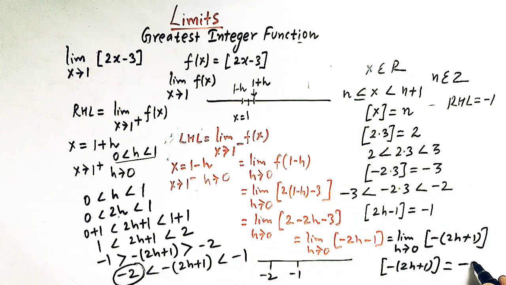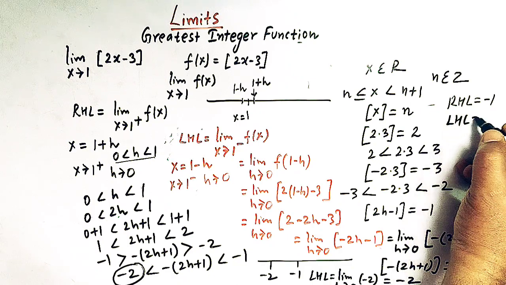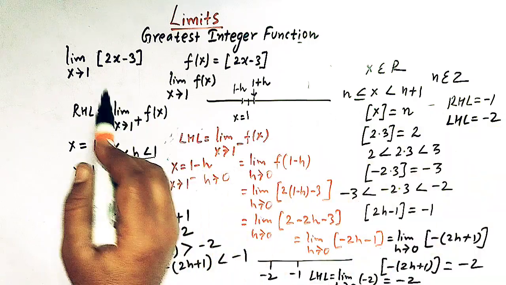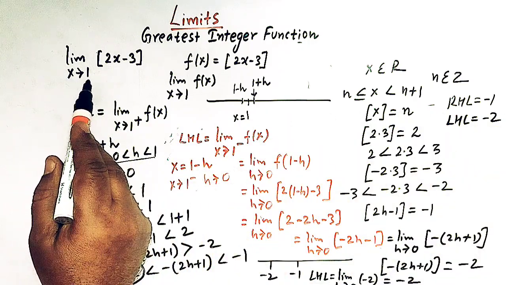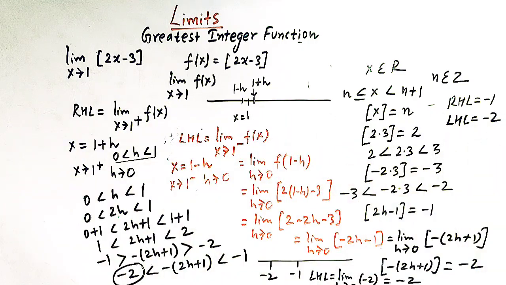So now the left hand limit is equal to limit h tends to 0, and for greatest integer of minus of 2h plus 1 we have minus 2. So here we have simply minus 2 because this term is independent of h. So the left hand limit of this function when x approaches 1 is equal to minus 2.